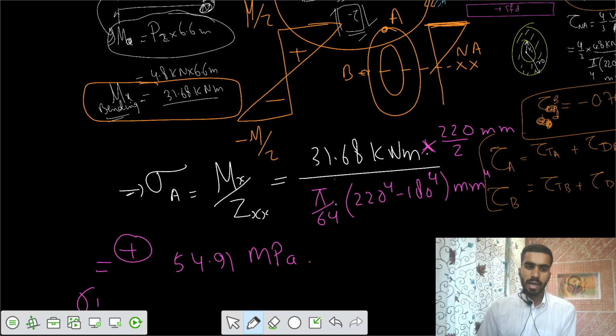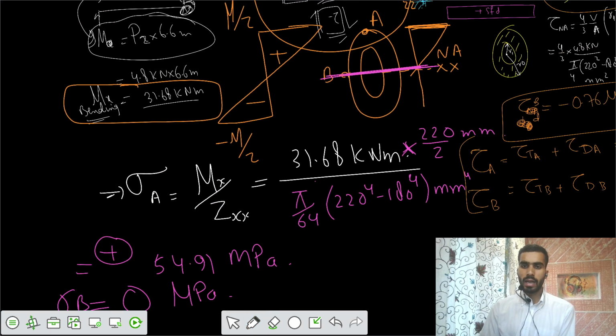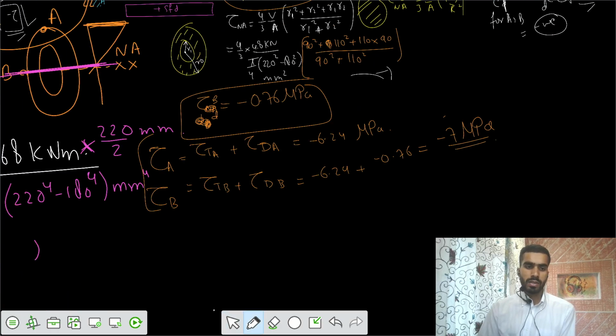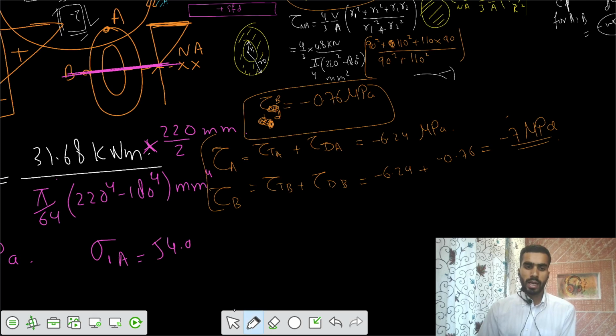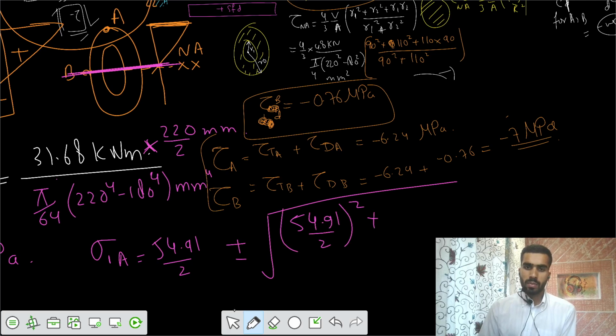And what is the sigma at B? Can you tell me what is the sigma at B? Because point B is on the neutral axis, sigma at B is 0 megapascal. So we got the different stresses now. Finally, what's the major principal stress at point A? That equals 54.91 divided by 2, plus or minus the root of 54.91 divided by 2 whole square plus tau, 6.24, whole square.